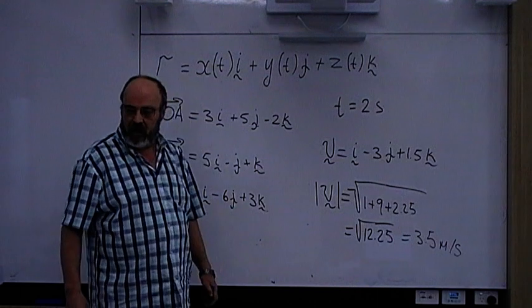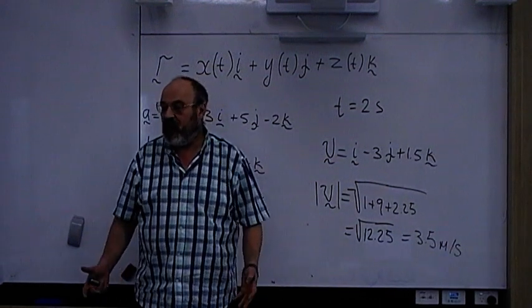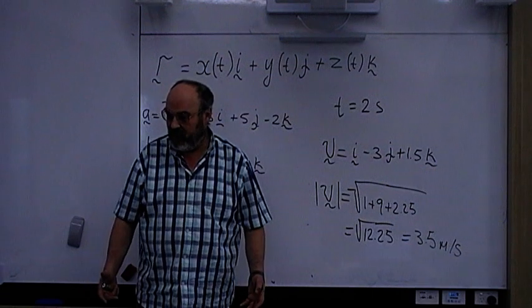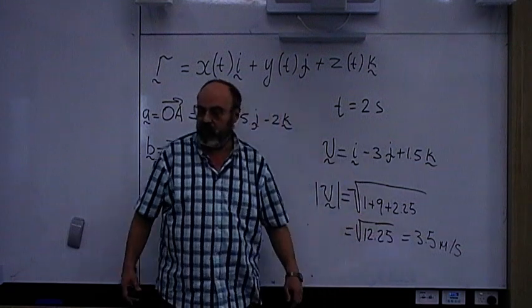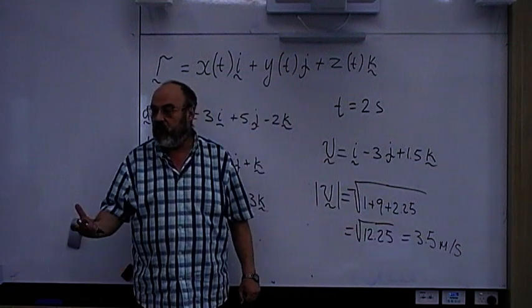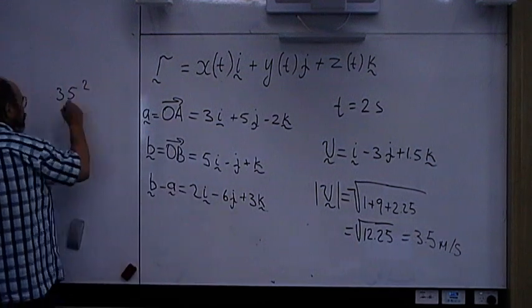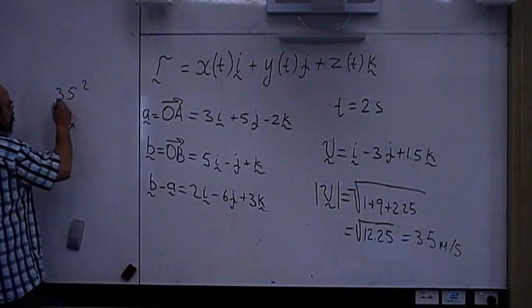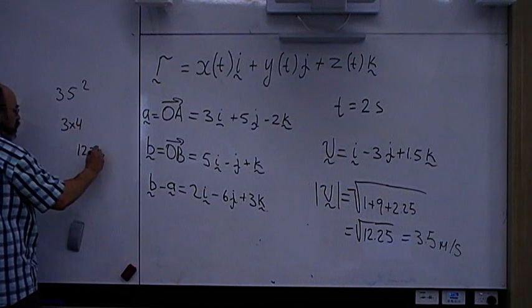How did you get the root of 12.25? Because if you know how to square numbers which end in 5, actually I did not know, I took random numbers, I just realized what it will be. How do you find 35 squared? Easily in your head. You do 3 times the number 1 greater, 3 times 4, which is 12, and you add 25.